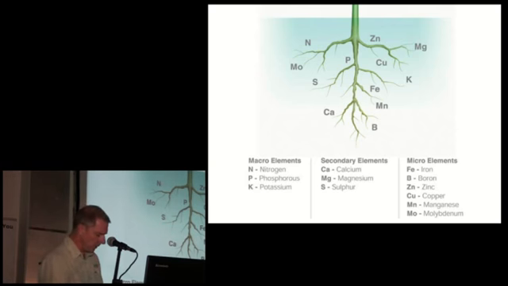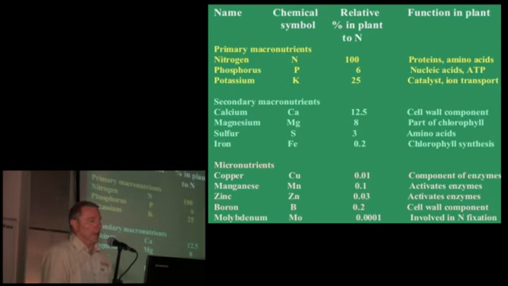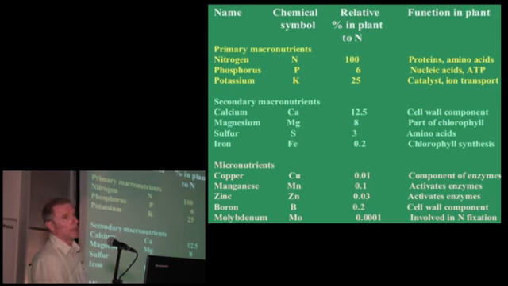What's the role of all these nutrients? It's difficult to discuss all of them. I've got the most important roles or functions listed here. I want to highlight a few quickly. Nitrogen is very important in building proteins.